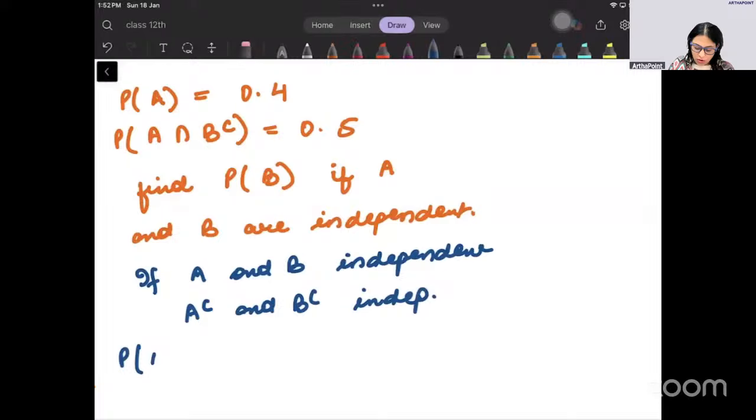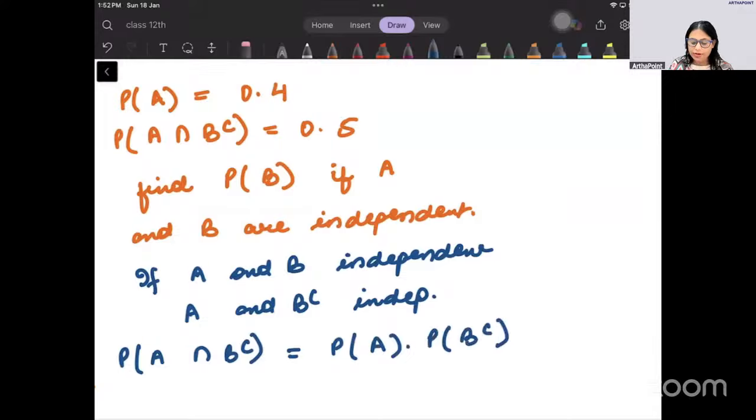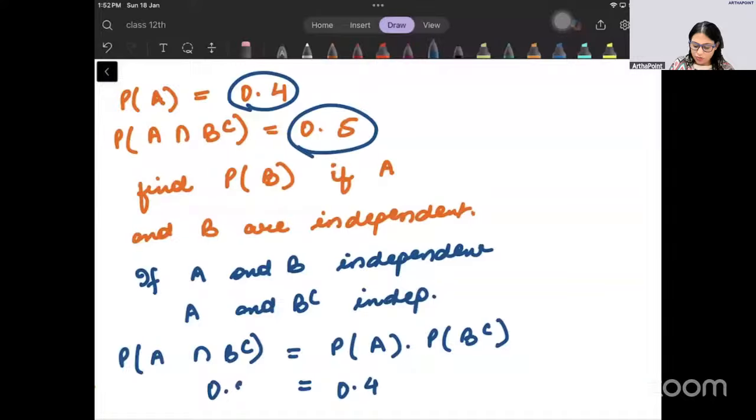So A and B complement will also be independent. So A intersection B complement को I can write A into probability of B complement, right? And probability of A is 0.4 and this is given to me as 0.5. So यहाँ से I will find probability of B complement.